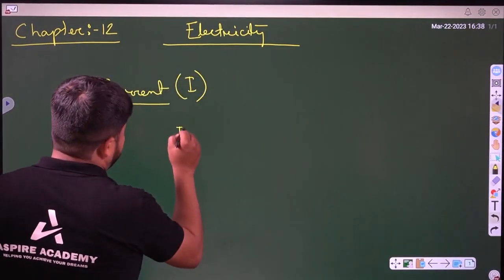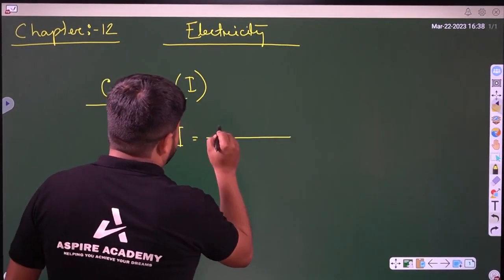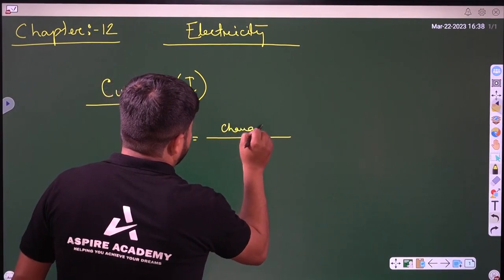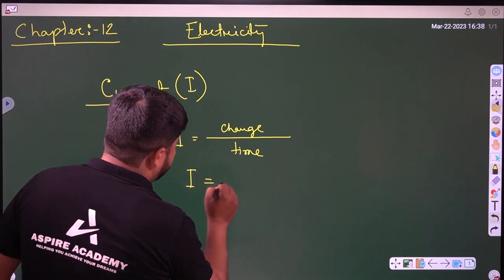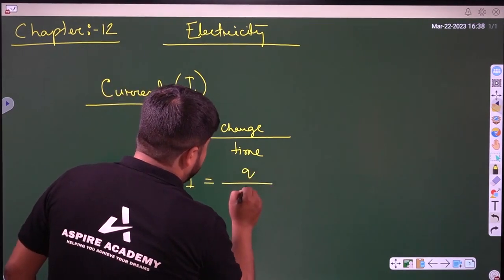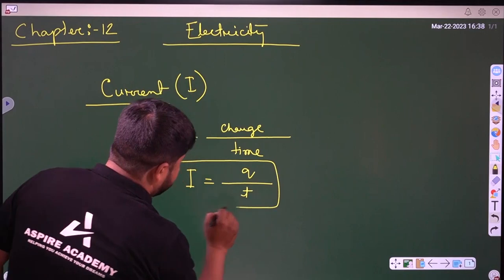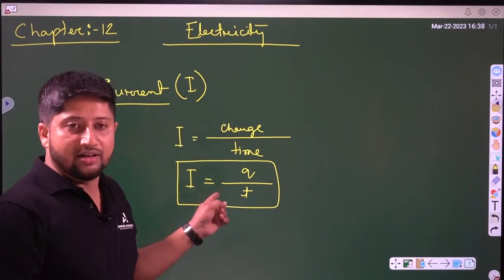So I is equal to charge by time. We can write I is equal to Q by T. This is the main basic formula for current.